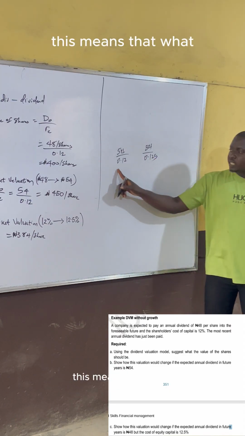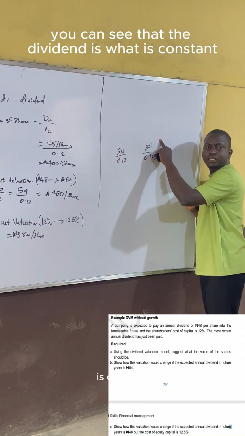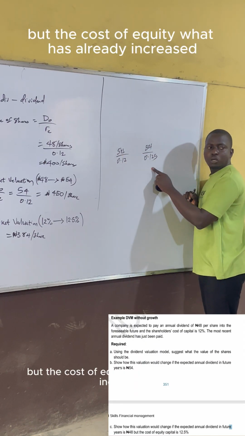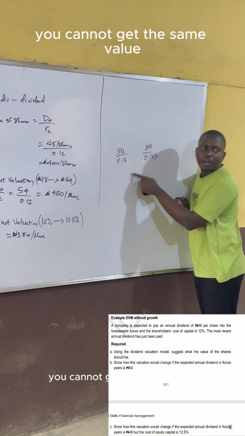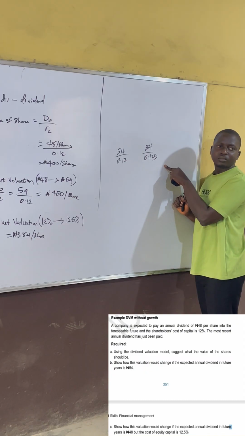This means that the dividend is constant, but the cost of equity has increased. You cannot get the same value. This one will be more than this one.